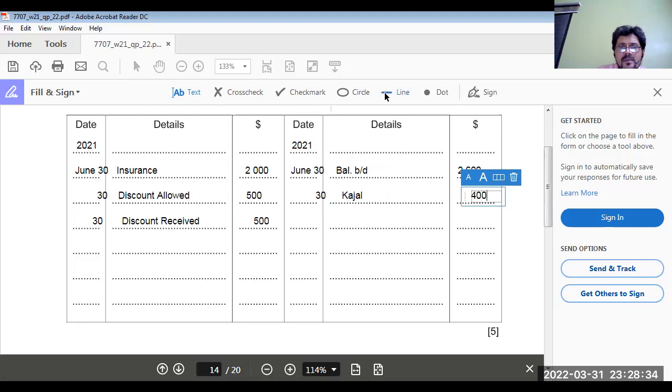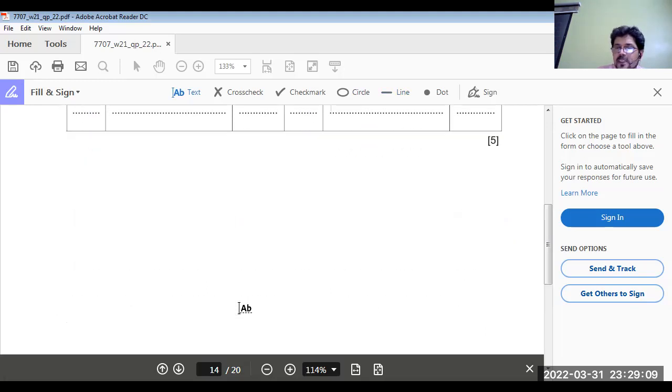So altogether we have, now what we have to do. Here, this is 3,000 and this is on both sides. There should be no closing balance. Got it? Suspense is done.